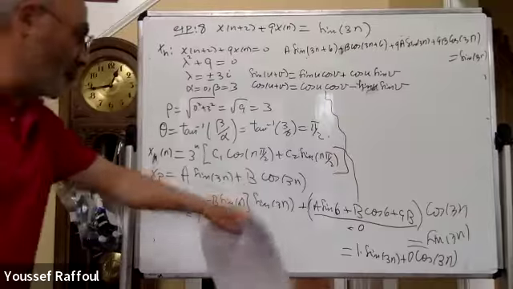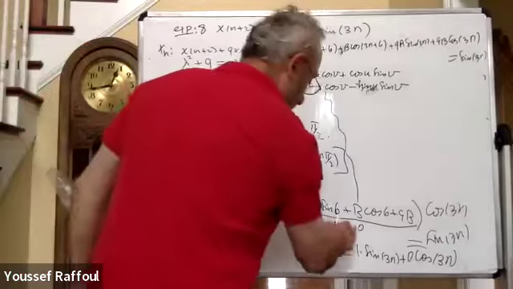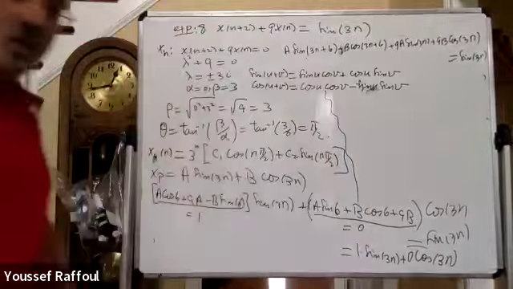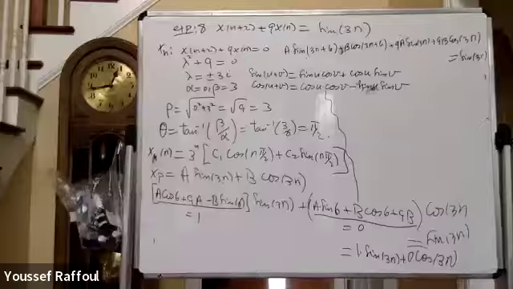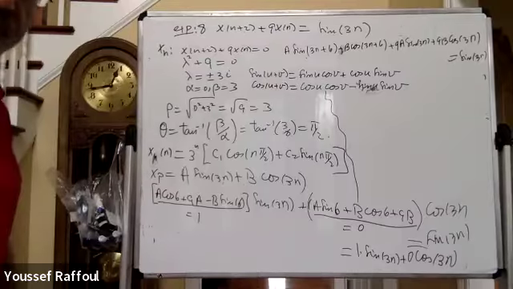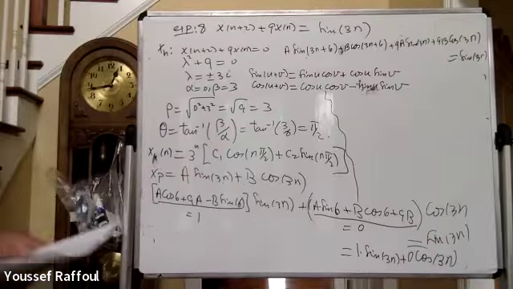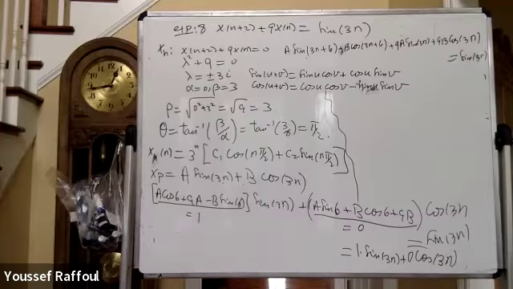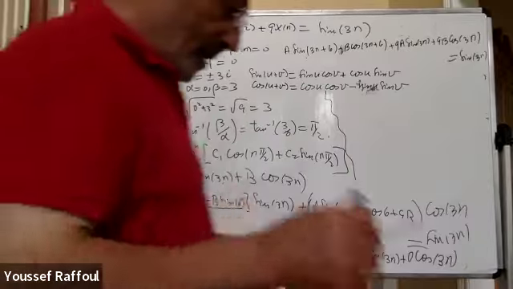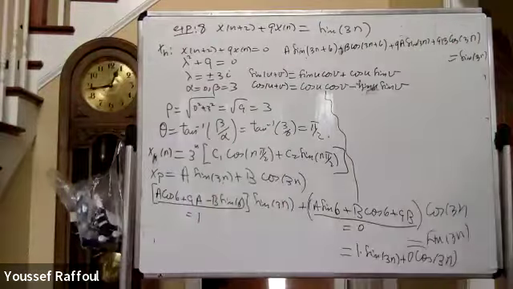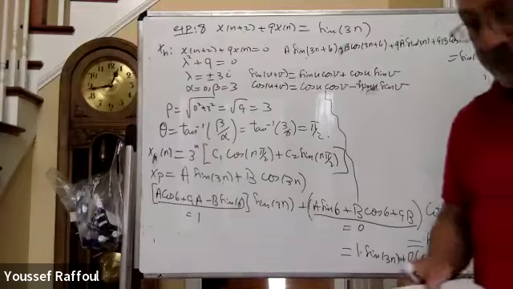Now you can solve for a and b, and you'll get your answer. And this example is fully done in the book, so there is no question about it.